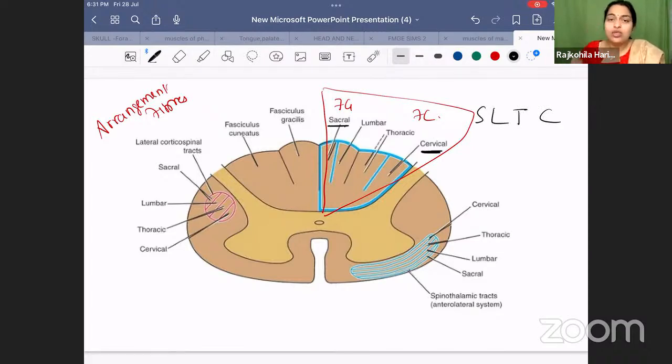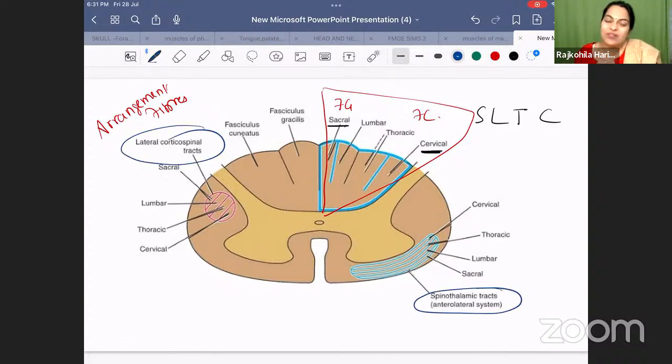Okay. And the other two tracts also, which you're supposed to know, are the corticospinal and the spinothalamic tract. Here in these two tracts, the arrangement of fibers is from superficial to deep. So imagine a knife is going to be placed here, which is going to cut the superficial fibers, right? As you see here, that is going to involve the sacral segment.